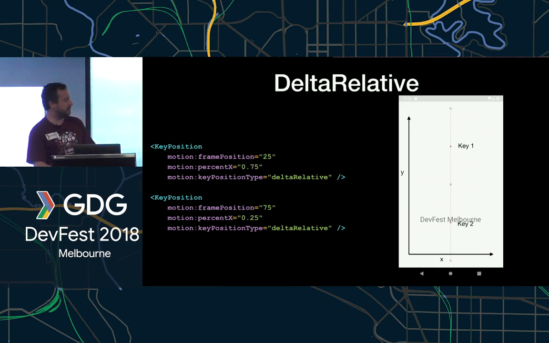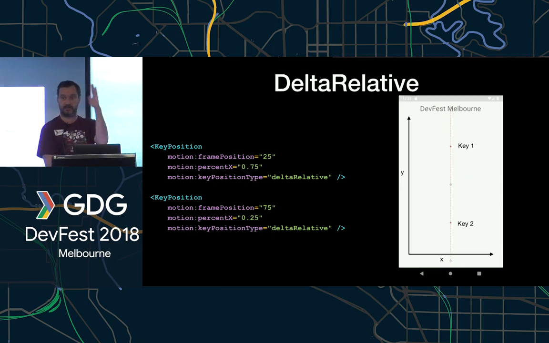Delta relative, this is an interesting one. So this is relative to the start and the end positions of the actual widget itself. So again, here at 25% of the way through, we've got keyframe number 1, which has got a %x of 0.75, and at 75% of the way through, we've got a %x of 0.25. Now you'll notice that they've had absolutely no effect whatsoever on the widgets, and that's because the start and the end positions are in the same plane.